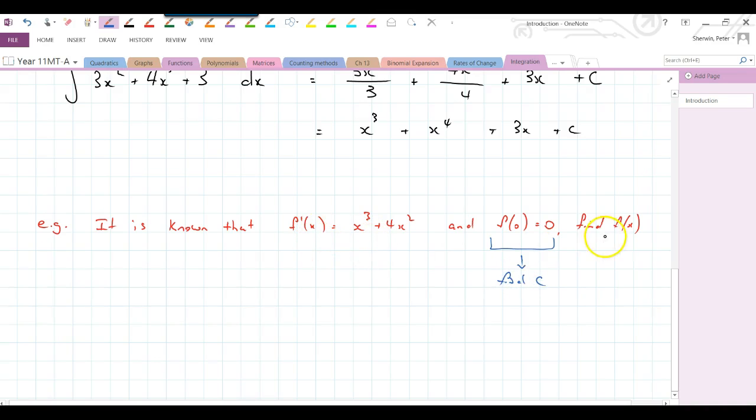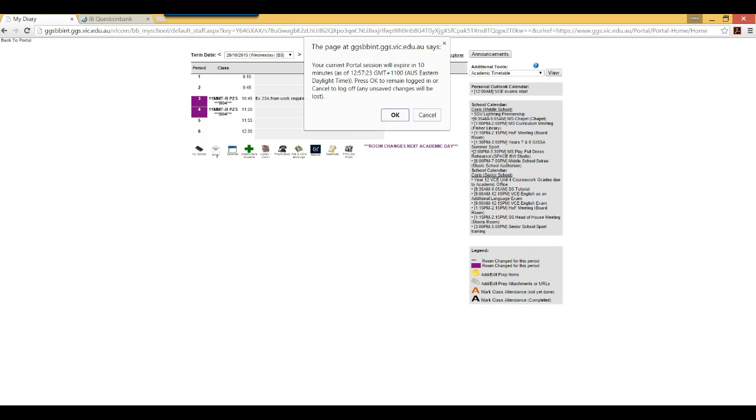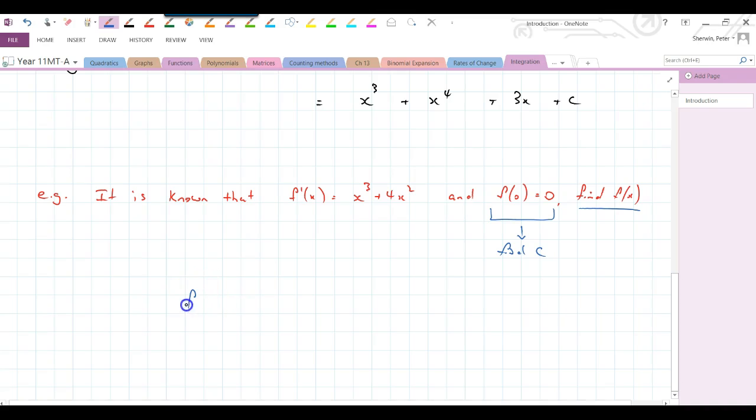But we want f of x from f dash x. So what that means is that f of x will equal the integral of my f dash x, which is x cubed plus 4x squared with respect to x. So my f of x is the integral of this, because this is my f dash x.